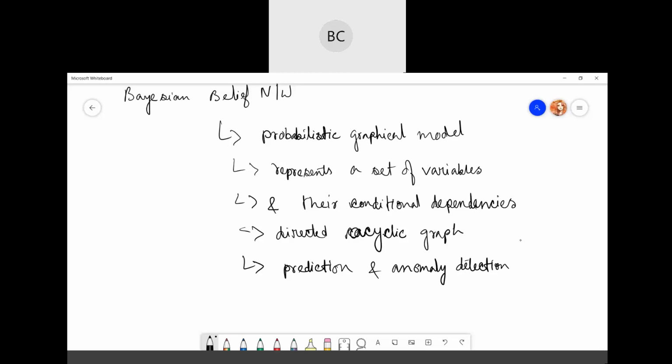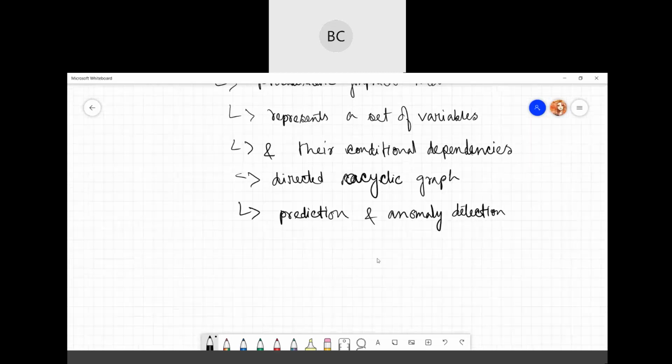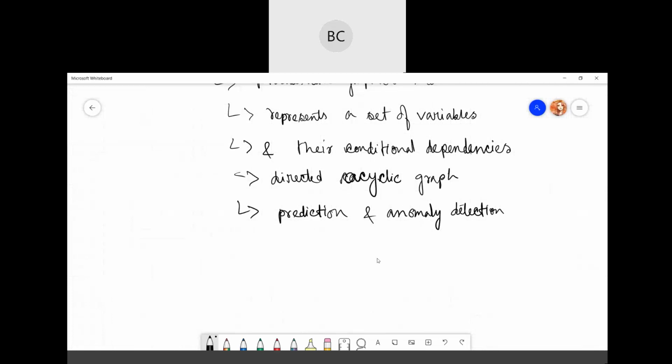In case of a Bayesian network, mainly two things are involved. One is the directed acyclic graph. Another thing is the table of conditional probability.